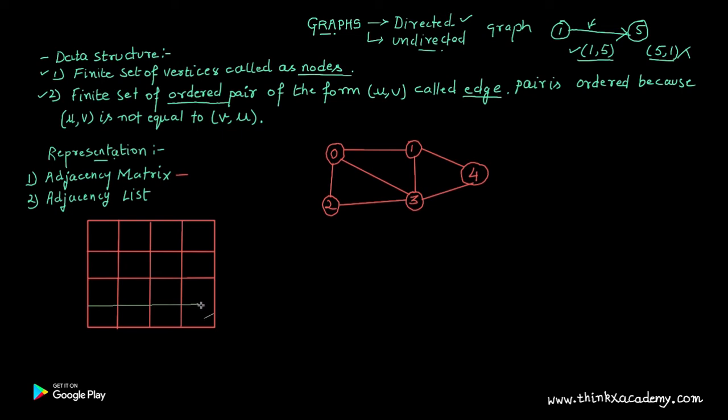So we know that the index positions of this matrix can be written like this, starting from 0, 1, 2, 3, and 0, 1, 2, 3. So basically there are 5 vertices, so I will have to draw 5 vertices. So I will extend it for one more row and column.